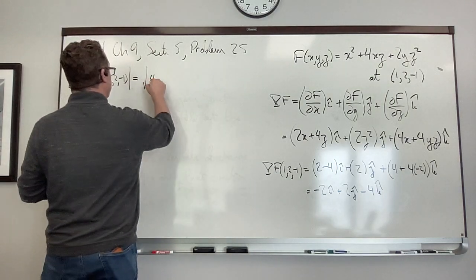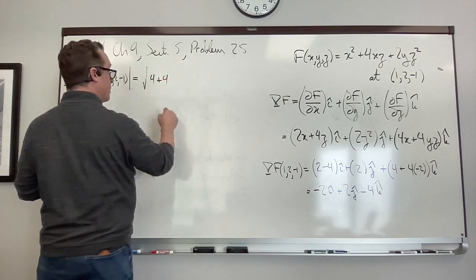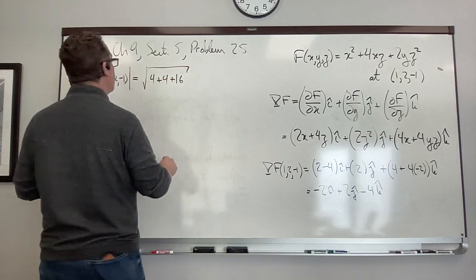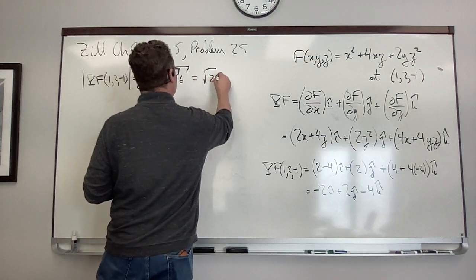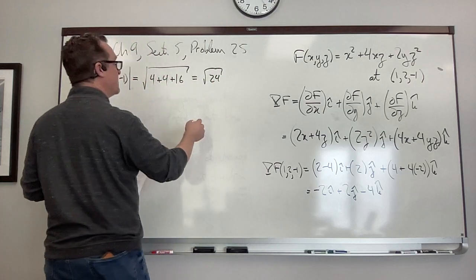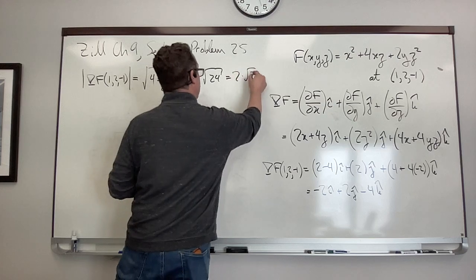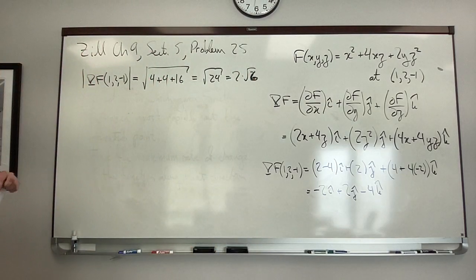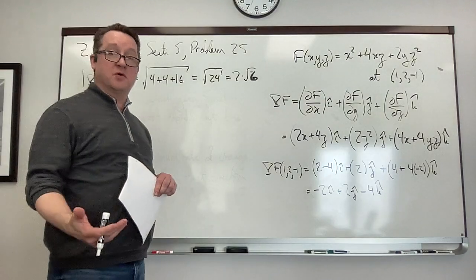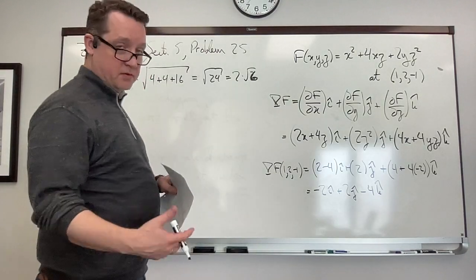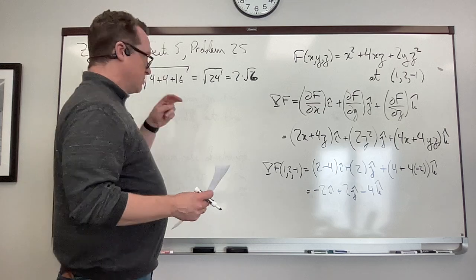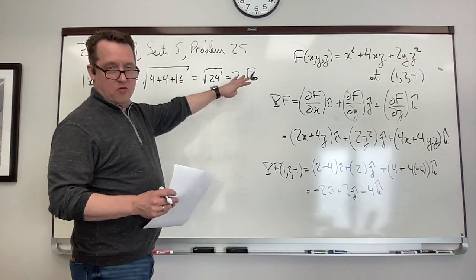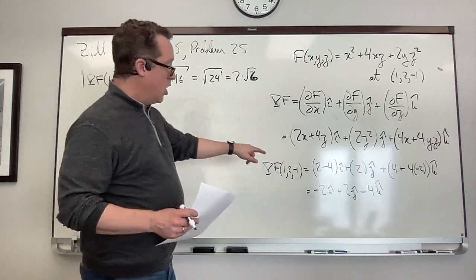So minus 2, so it's 4 plus 4 plus 16, right? So that's square root 24. Okay, so we can write that as 2 square root 6. Okay? If this were a normal engineering problem and we had units associated with this, then this thing would have those units per meter. But right now we're just in sort of pure calculus land, so this is considered unitless. But this is the rate at which the function is varying along this direction.